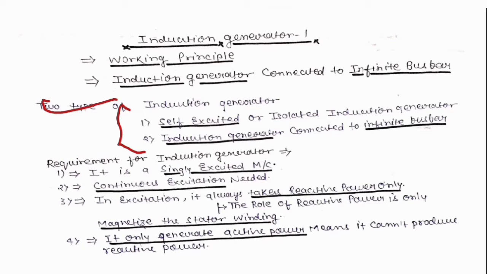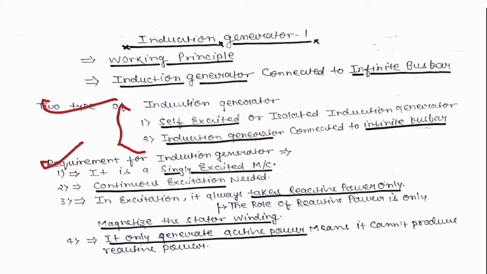What is the requirement for induction generator? Here we will discuss the requirements. The first requirement is that any induction machine is a singly excited machine. What is the meaning of singly excited machine?